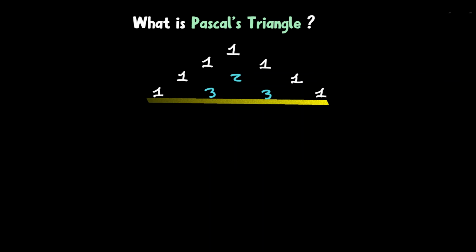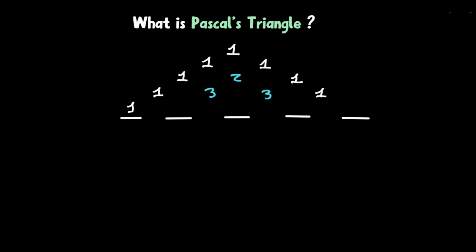So this row had 4 values. If we go 1 down, now we need to have 5 values. Every row starts with the value of 1 and finishes with the value of 1. But I want you to see how I'm placing these locations for the next row. It's always going to be at the space of the upper row, because when I do that, I'm always going to have one value on the left and one value on the right in the previous row, because we need those to define the next value.